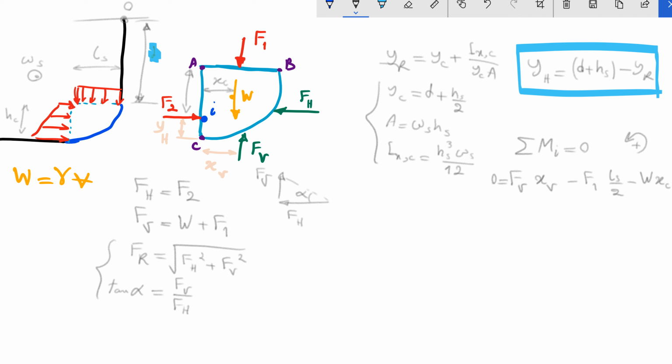It's the centroid. You know the centroid of the shape; sometimes you know some of the centroids. If you don't know, usually we have some tables to find those centroid positions. And you can easily find xv using all the available information here: W times Xc divided by Fv, and we're done.